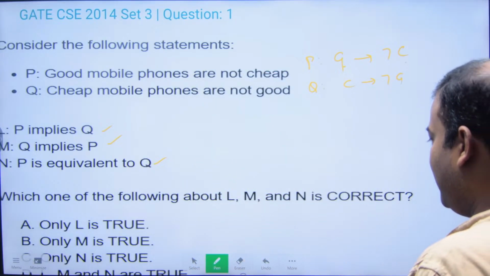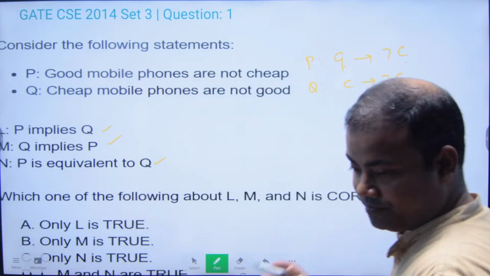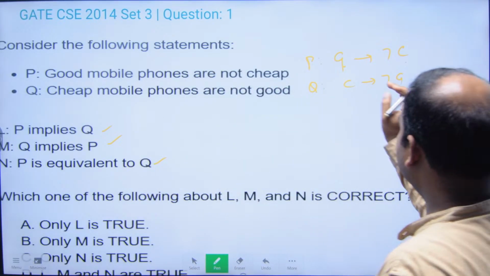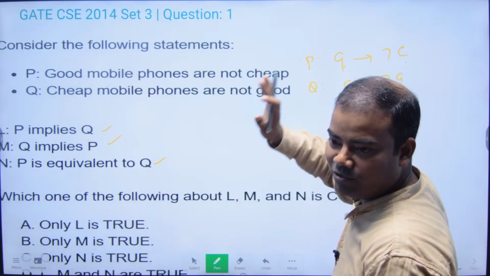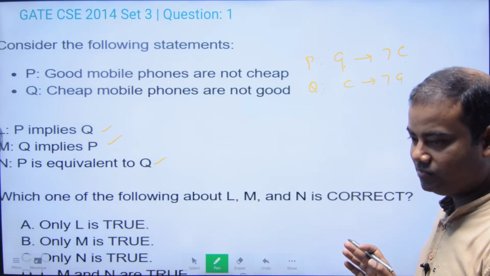So the last option, all of L, M, N, is correct. This question is very easy; you just have to know the contrapositive.